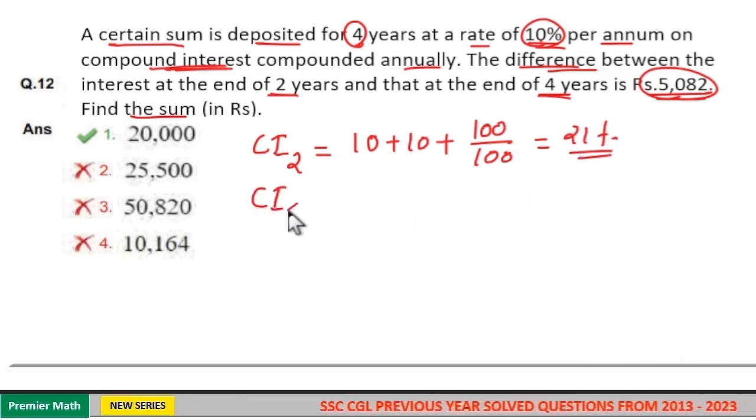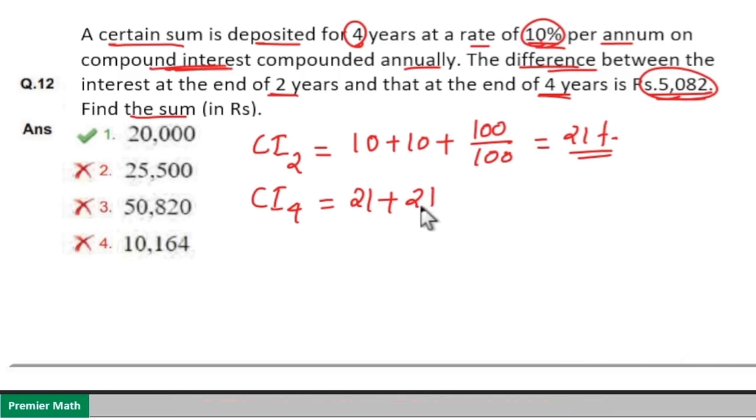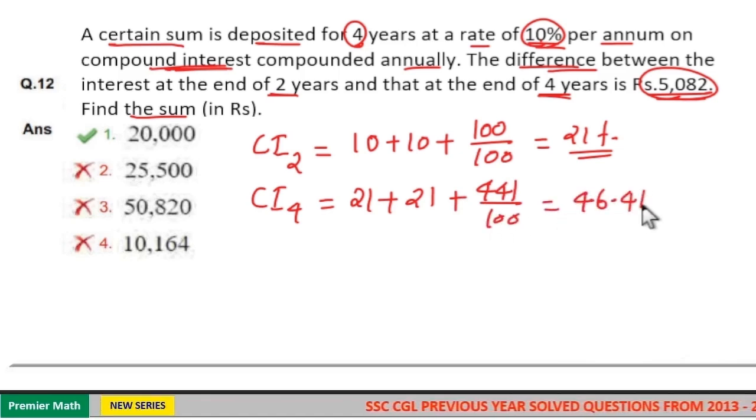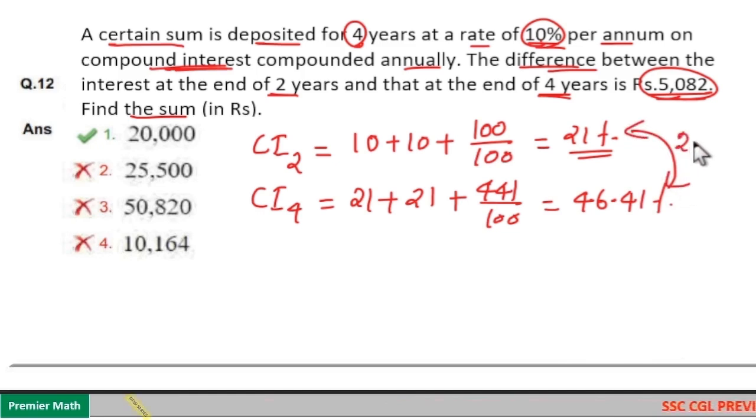So, compound interest for 4-year will be, consider for 1 year it is 21, again next 1 year it is 21. So, 21 plus 21 plus 21 into 21 is 441 divided by 100, which is equal to 46.41%. Now, the difference here is equal to 25.41.